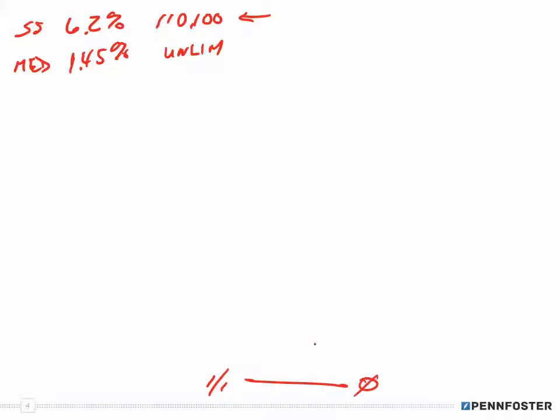And they work, and they get paid, and they have taxes withheld, and they get paid, and they have taxes withheld, and paid and taxes withheld, okay? Now, here's the thing. Up here is this limit of $110,100, sorry, dollars, okay? Now, most people never reach that limit, okay?